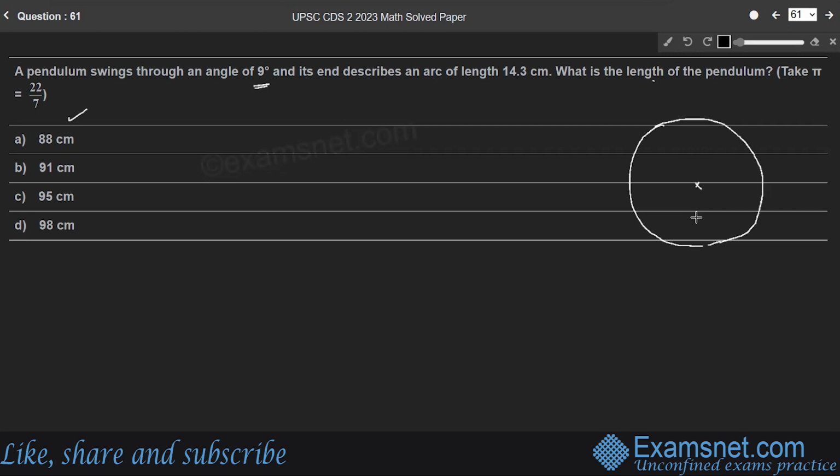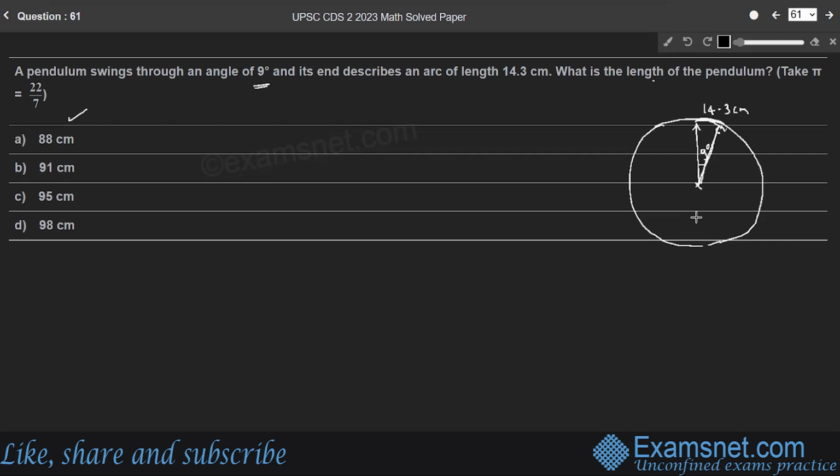It describes an arc of length 14.3 centimeter in a circle, and it swings through an angle of 9 degree. So the angle subtended at the center is 9 degree.